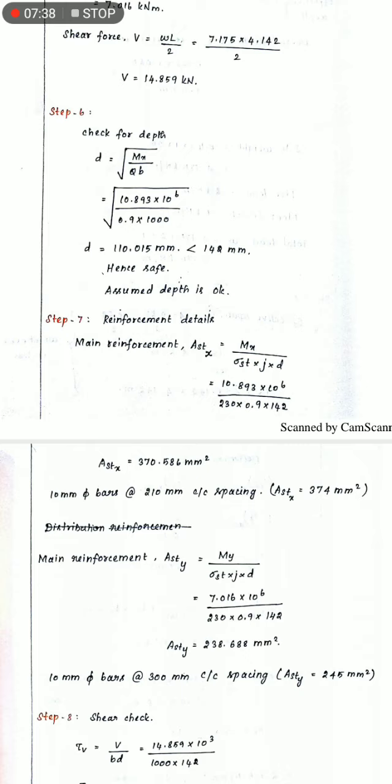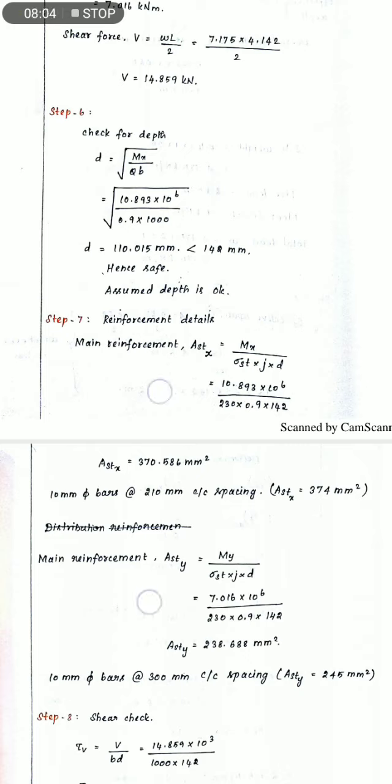You can provide 10 mm dia in the shorter direction only. In the longer direction, you can provide 8 mm dia also.